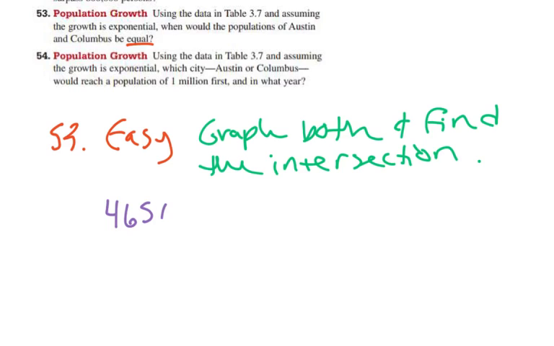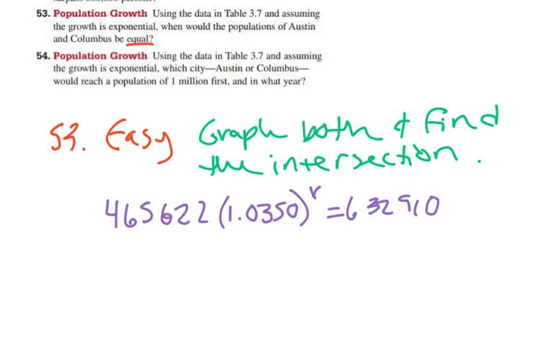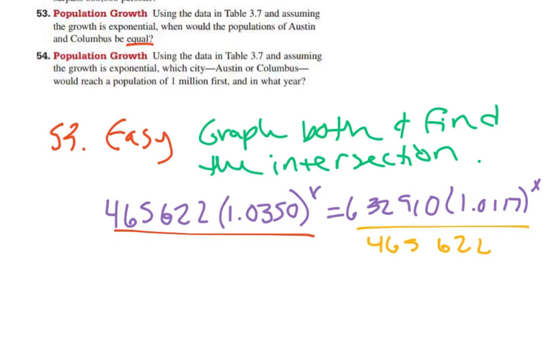You just got to remember a little bit about your solving. So the one equation, 0350, and then the other equation, 632910. What you could do is to the right side, you could divide over the number. And to the left side, you could divide over the exponential piece, okay?